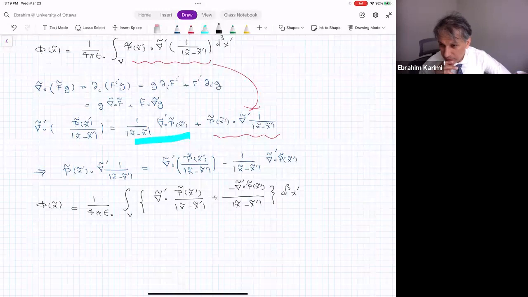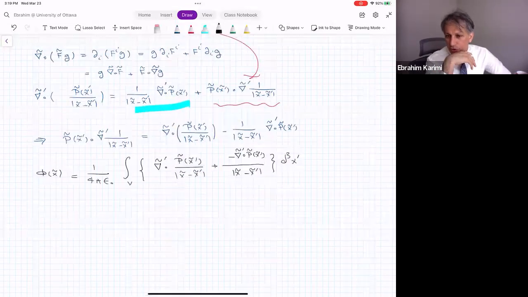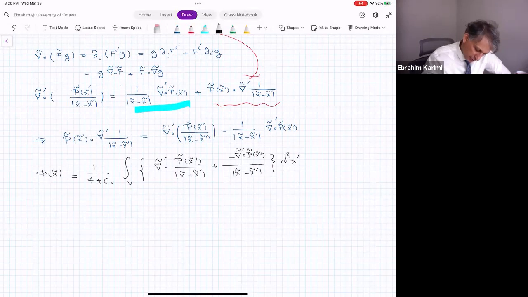So what is happening with the first term? Can I use the Gauss theorem? Bring it from volume to the surface? Because that's a divergence, right? So that will be 1 divided by 4 pi epsilon 0 integral of P of X prime dot n prime d2 of X prime divided by X minus X prime.